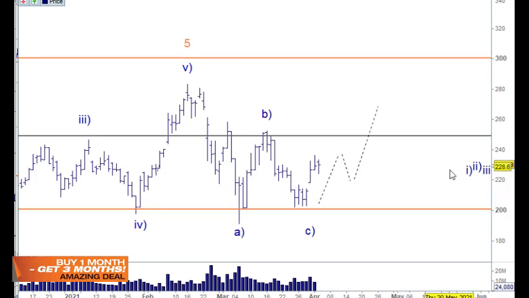Possibly. This first move here does look like wave 1 and wave 2 sitting in here, and wave 3, but I need to be mindful that we're not getting a wave C here, so we end up with something really complicated.